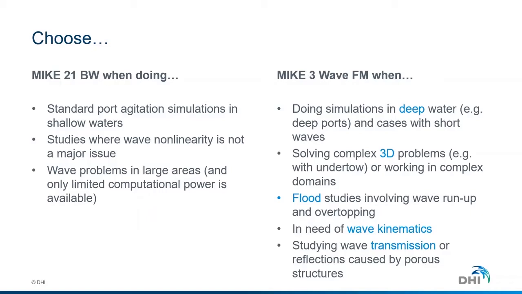And of course, if you need the wave kinematics accurately, then you would rather use a MIKE 3 Wave FM model than a MIKE 21 BW model, since you are not limited by the hydrostatic pressure assumption in the MIKE 21 BW. And again, if you are considering, for instance, submerged breakwaters, then you would also consider MIKE 3 Wave FM.